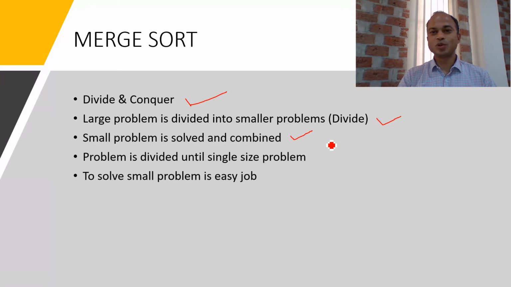The idea is that solving a smaller problem is the easy job. So we are working on the divide and conquer approach. To divide simply means dividing until we get a single size problem. In this way, we are working on the divide and conquer approach.